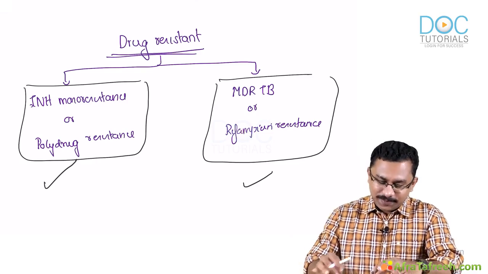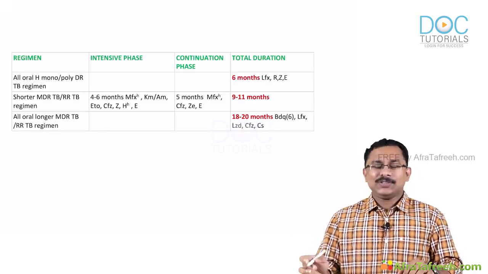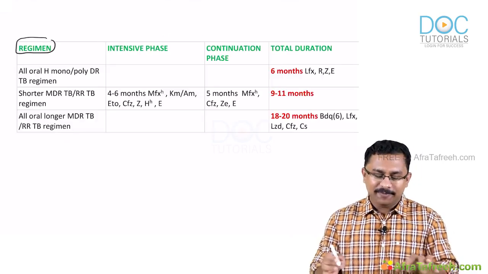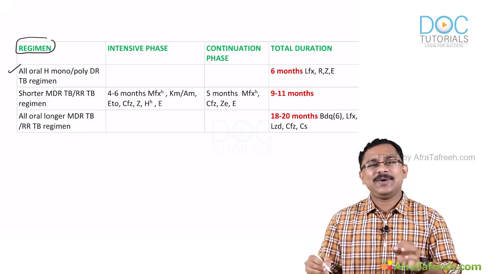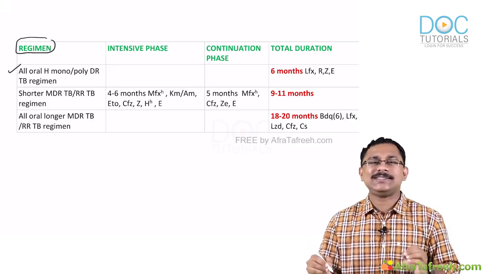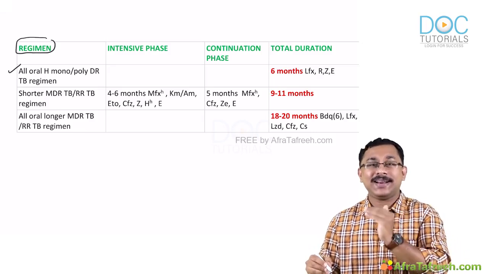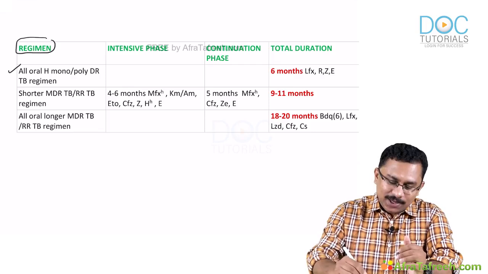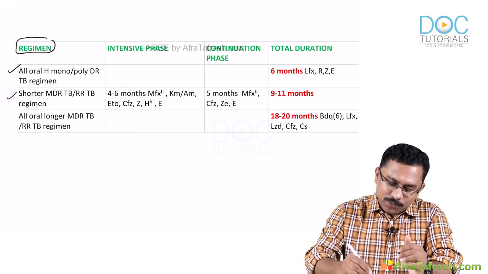Let's see it. So you have the regimen here. The first regimen that I have mentioned is the regimen for treating INH monoresistance or polydrug resistance.